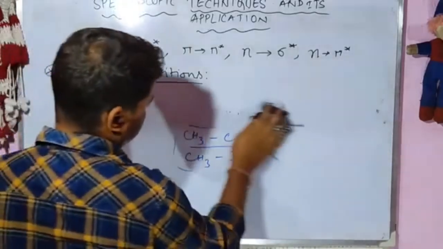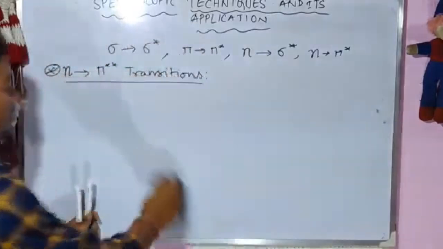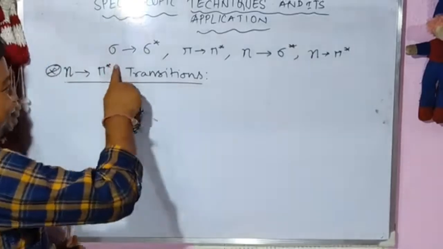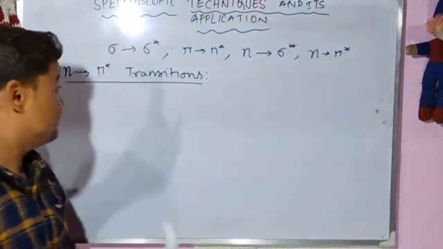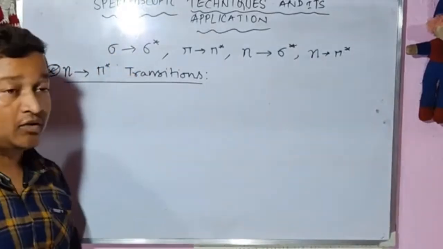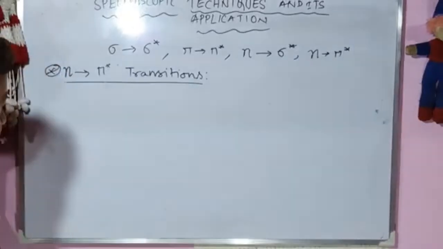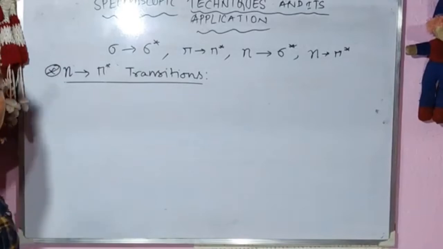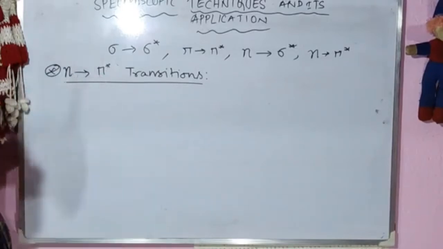The n to pi star transition occurs, not double star, sorry, n to pi star transition occurs in molecules having n orbitals and also a pi orbital.